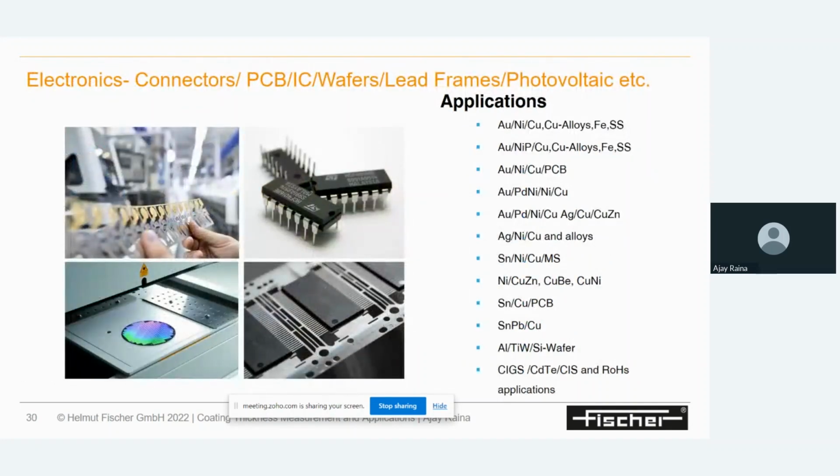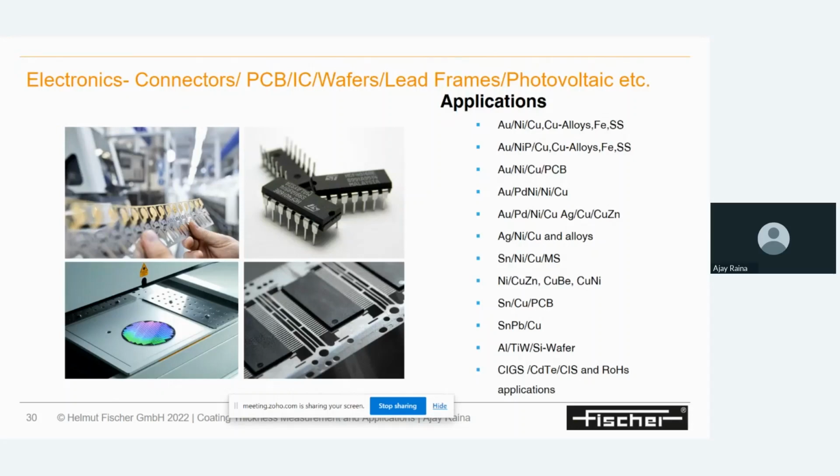In the electronic connector industry, PCB applications, wafers, LED frames, photovoltaic applications, XRF is the best solution for these applications. Like if you have an LED frame application, gold, platinum, nickel on nickel and copper. If you have gold, nickel and copper alloys, gold, nickel, phosphorus and copper alloys, thick tin on nickel and copper on MS, or nickel, copper, zinc, or copper beryllium, or copper nickel, XRF is the best solution for these applications.